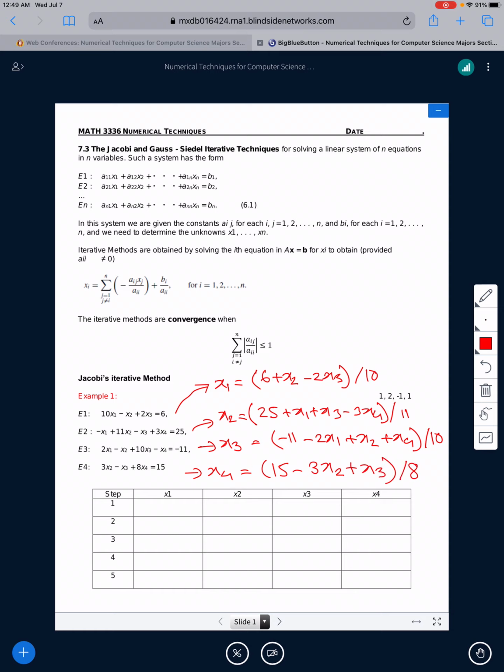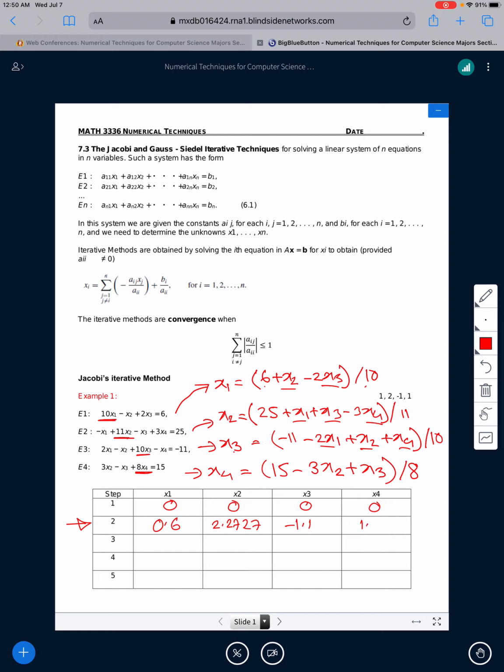If x2, x3 are 0, then x1 is equal to 6 divided by 10, which is 0.6. x1, x3, x4 are 0, so 25 divided by 11 is 2.2727, repeating. For x3, if x1, x2, x4 are 0, negative 11 divided by 10 is negative 1.1. And 15 divided by 8 is 1.875.